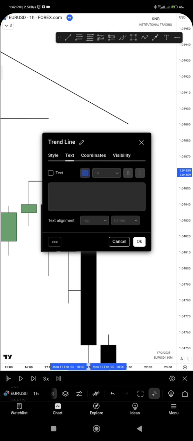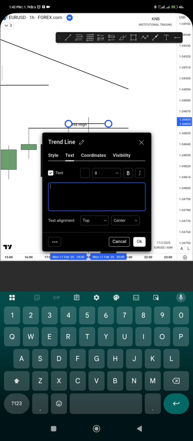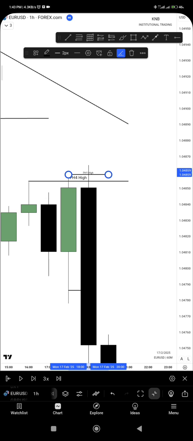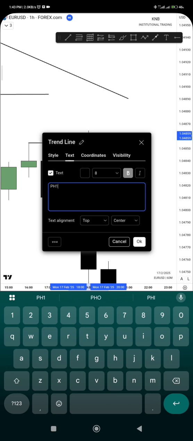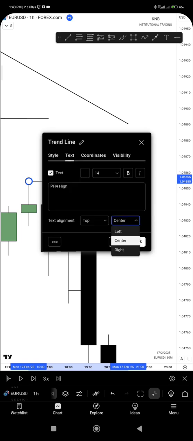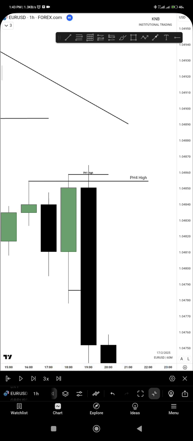Okay, this is previous H1 high, previous H1 high. All right, previous H4 high. Good. So this is the previous H4 high, whereas this is the previous H1 high.